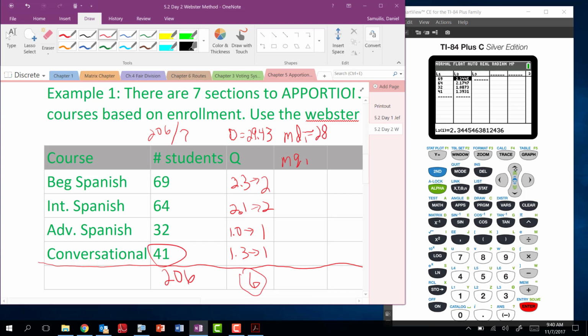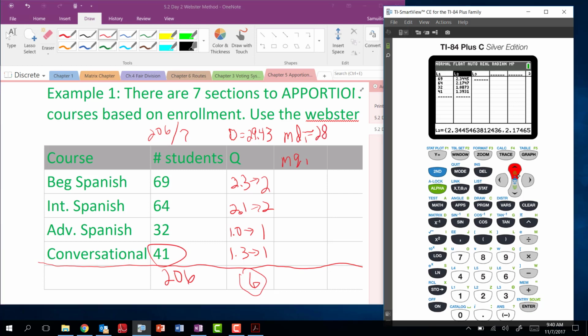Now, with the graphing calculator, all I have to do is go up to L2 and hit second L1 divided by 28. I think last hour we did do 29, and we really did not see a significant difference at all. Now, here's what I'm saying. This says 2.46.